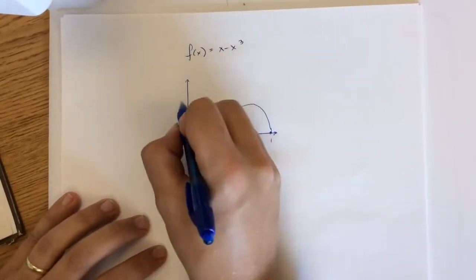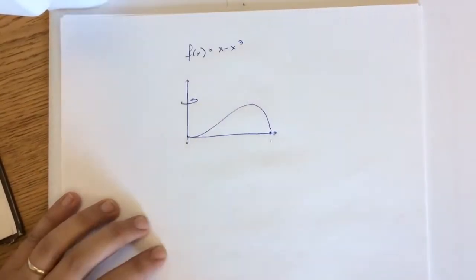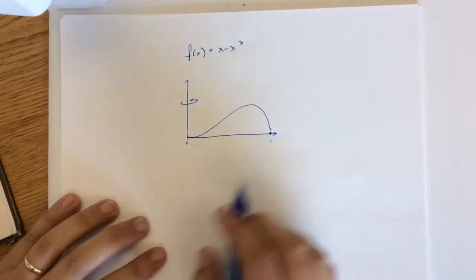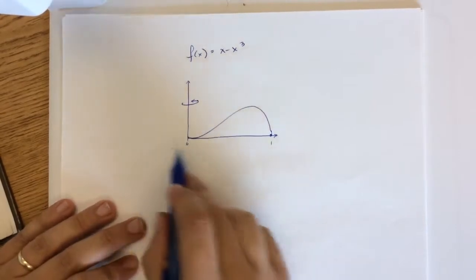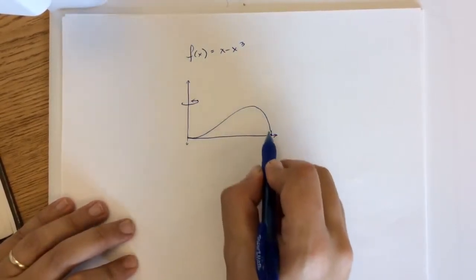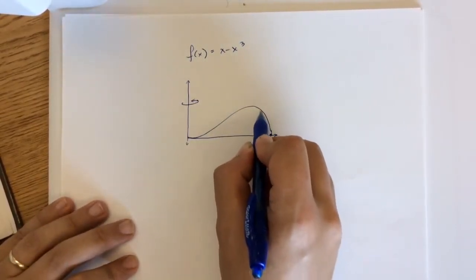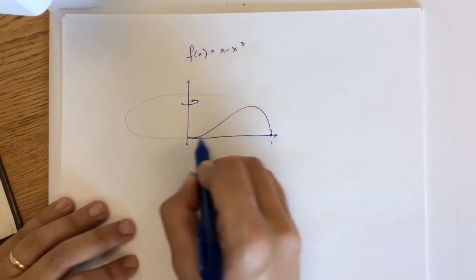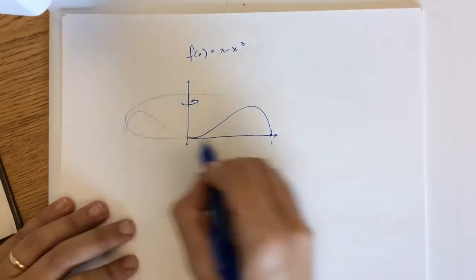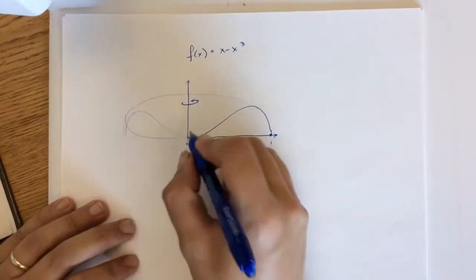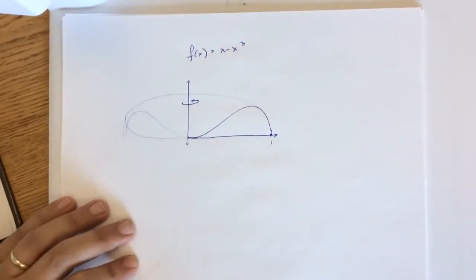And I want to find the volume of the solid of rotation when I rotate that shape around the y-axis. So that solid of revolution would look something like this. Maybe like the top half of a donut that doesn't quite have a hole in the middle.